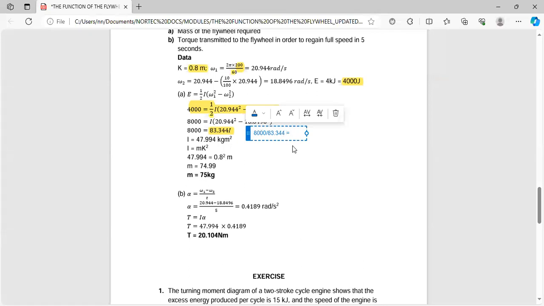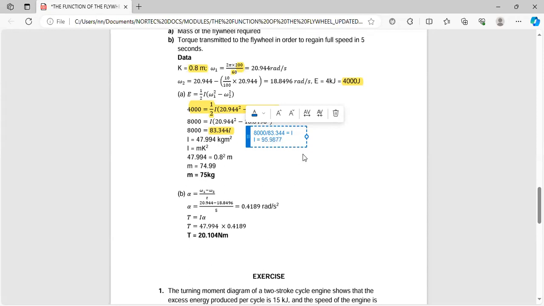So meaning I should be able to get the value of my I, and the value of my I is supposed to be equal to 95.9877.